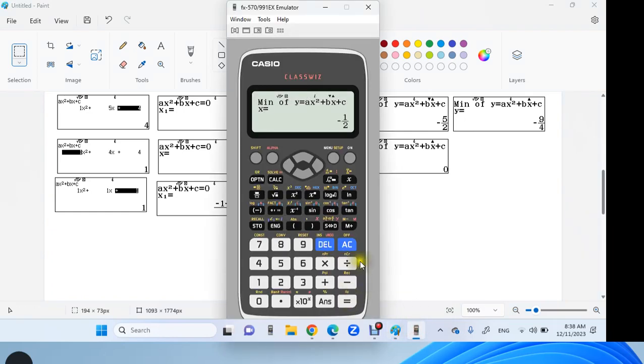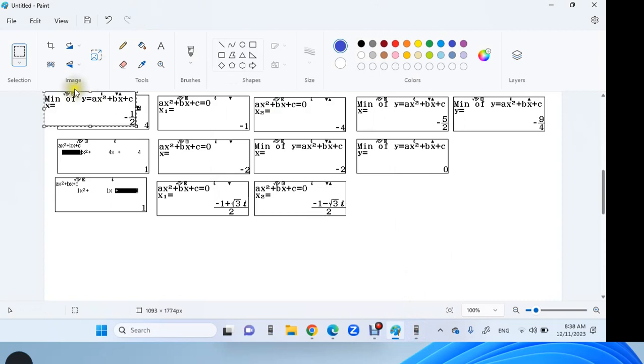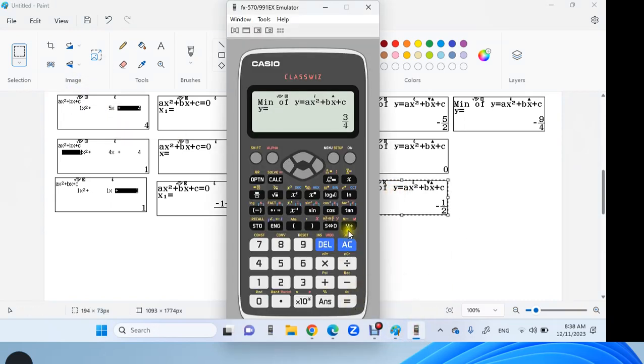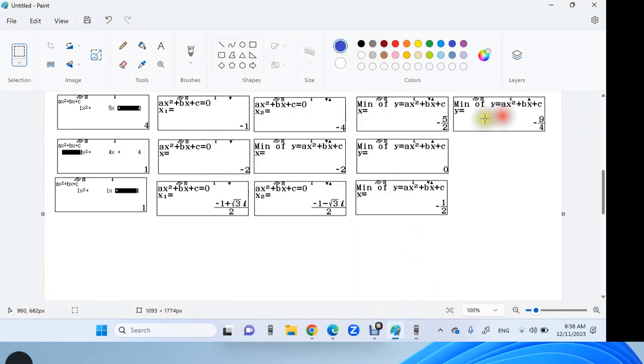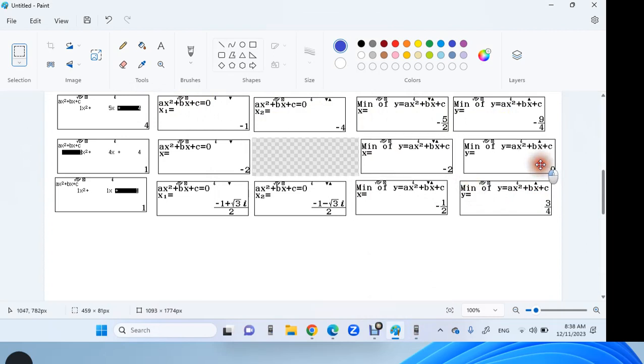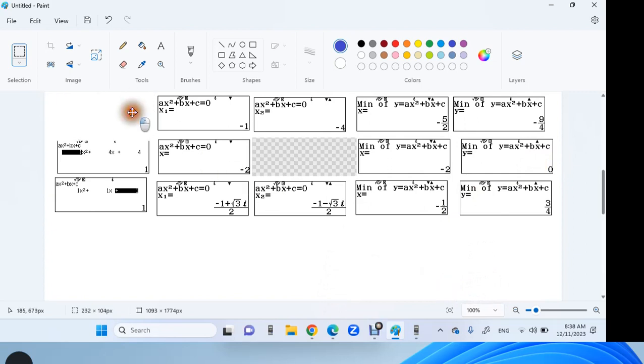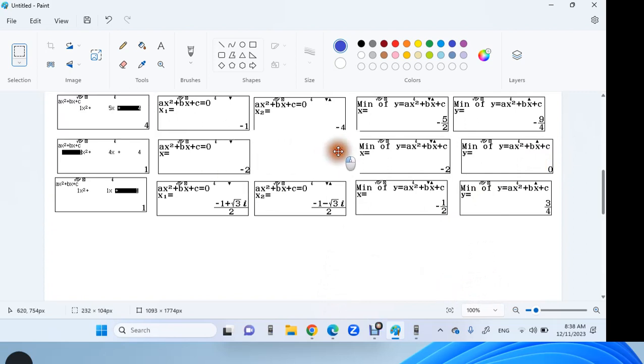The axis of symmetry is -1/2, and the corresponding minimum value is 3/4. So it's -0.5 and 3/4. So we have -0.5 and 3/4 here.